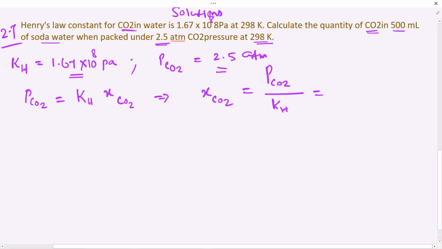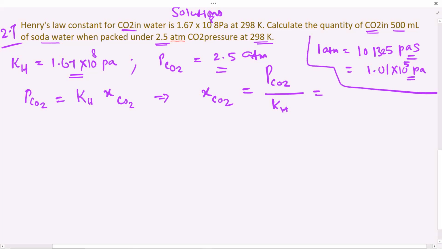Just note it down: 1 atmosphere is equal to 101325 Pascal, which can be written as 1.01 × 10^5 Pascal.